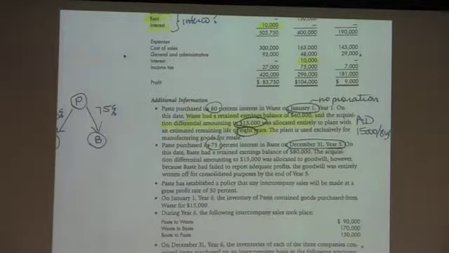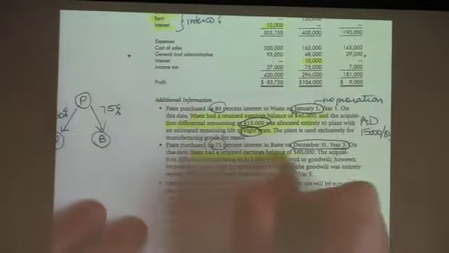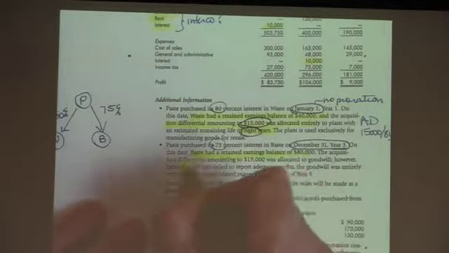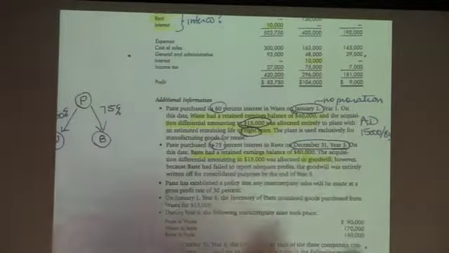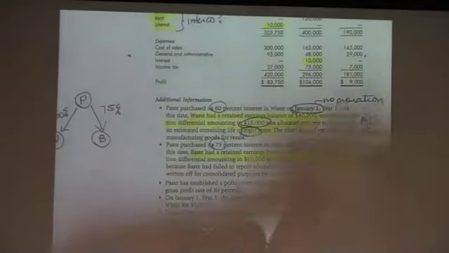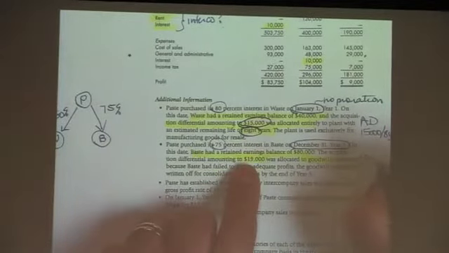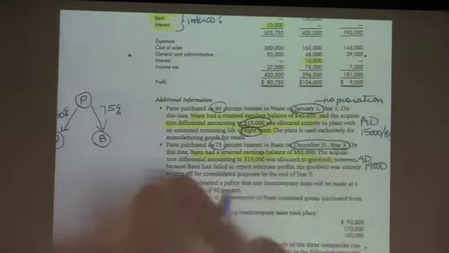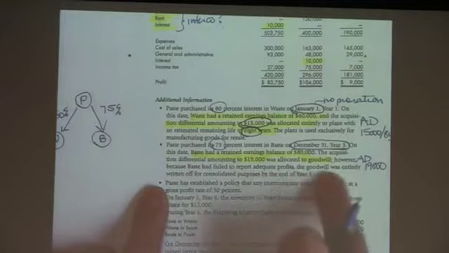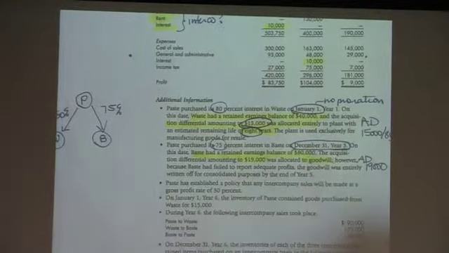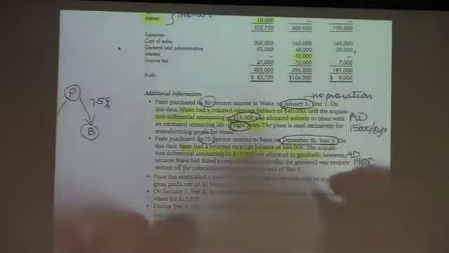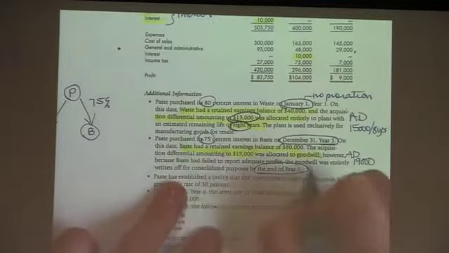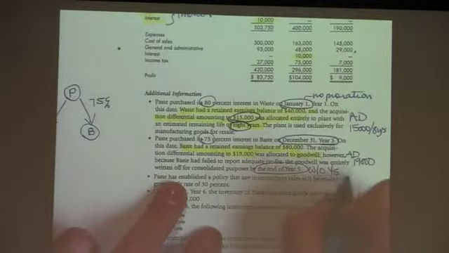So that's important to note. And on this date, the retained earnings is 80,000, so we need to know that as well. But this time, they gave us the acquisition differential allocated to goodwill. So this is the AD. The AD is 19,000. And because B failed to report adequate profits, the goodwill was entirely written off in year 5. So this is important. The write-off is in year 5.